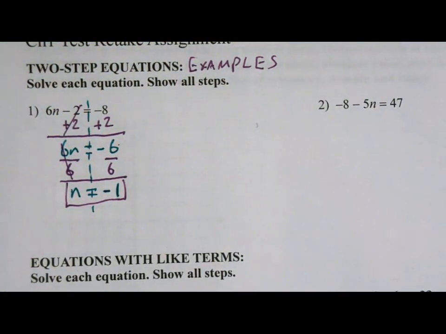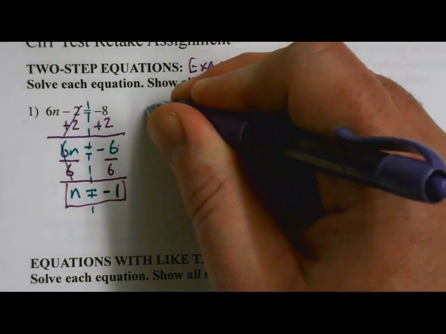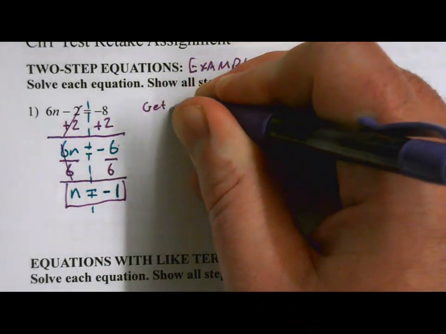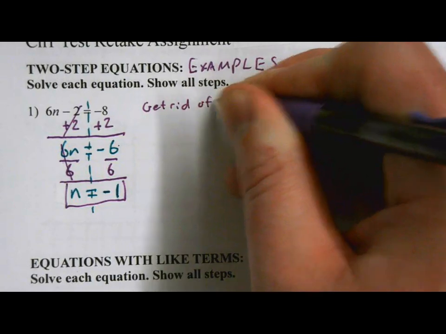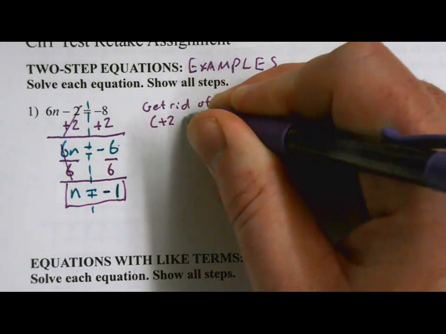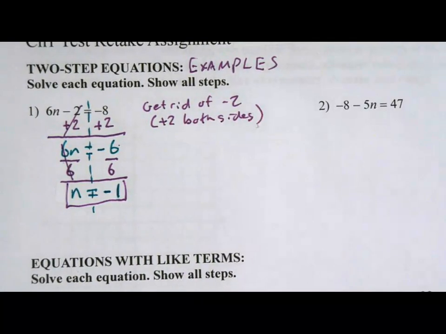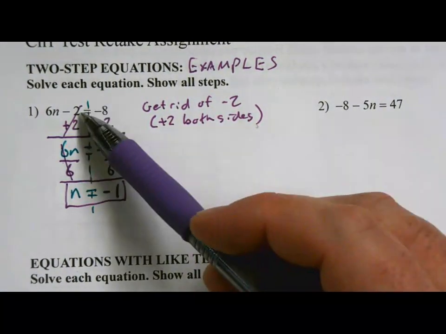Let's go ahead and take a moment and annotate this problem and show what we're doing in each step. So here we started out by getting rid of the negative 2. And we did that by doing plus 2 on both sides. So that got rid of our negative 2 here.